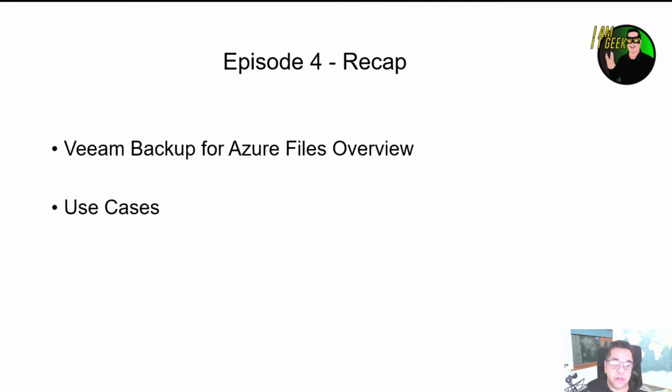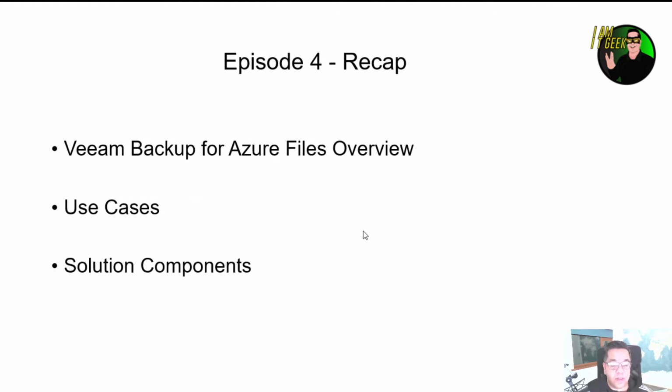So you could offset your backups of your Azure Files. And the final use case that I looked at was migrating from on-premises environments to Azure, or a hybrid cloud solution, protecting your workloads residing in Azure and on-premises. Those were the 3 use cases that I focused on in the episode.